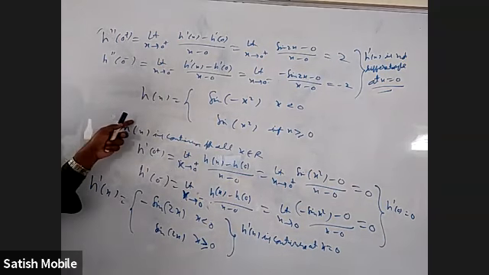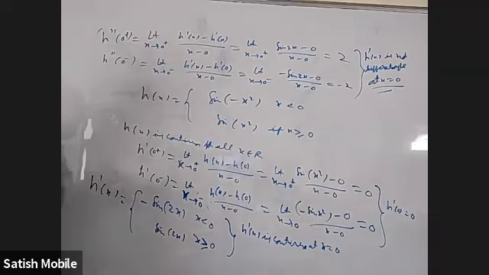So h is continuous and differentiable. H dash x exists everywhere, and it is also continuous at x equal to 0, but its second derivative, that is h double dash x at 0, doesn't exist.